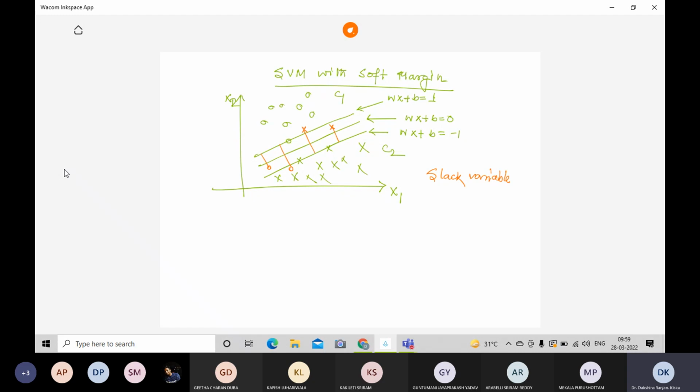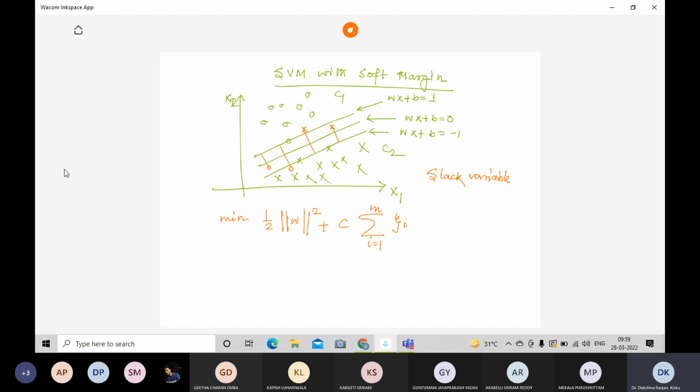So when we add this to the primal problem, we can write half of w square plus C into summation over i equals 1 to m of chi i. This symbol is called chi.